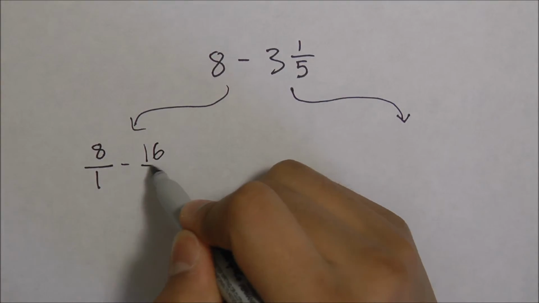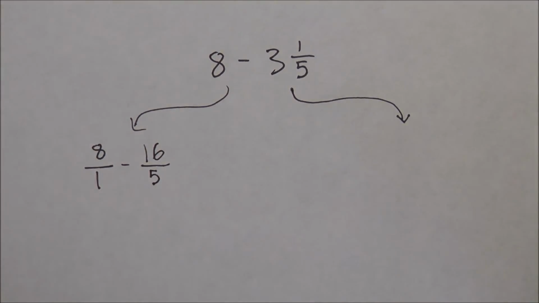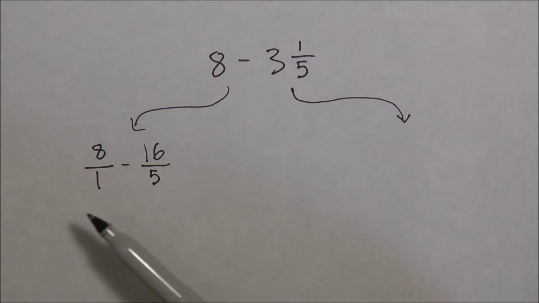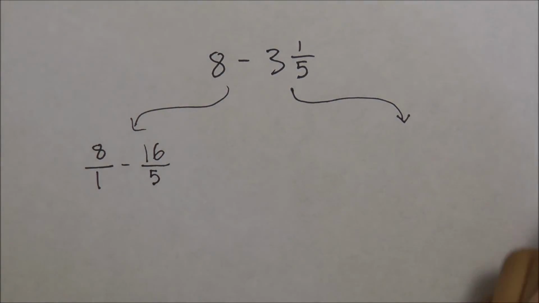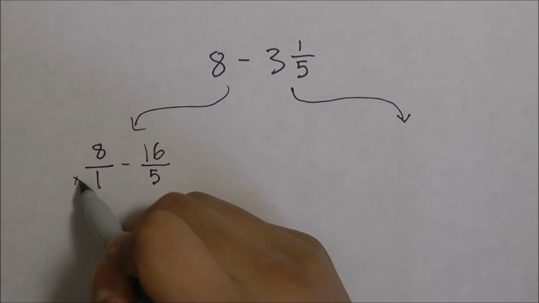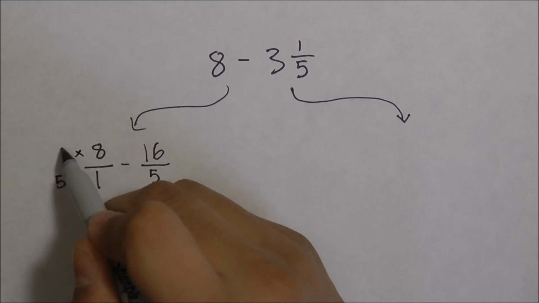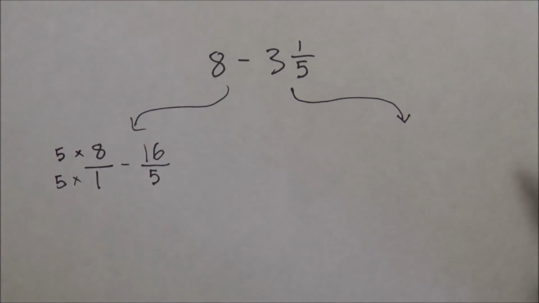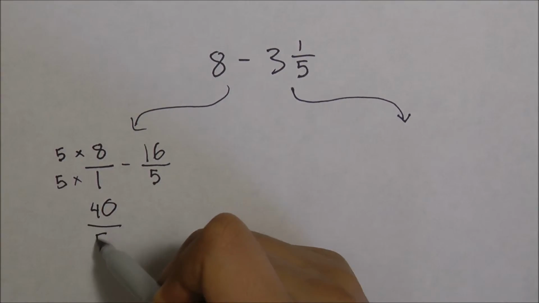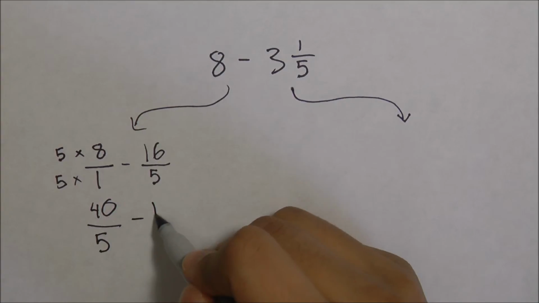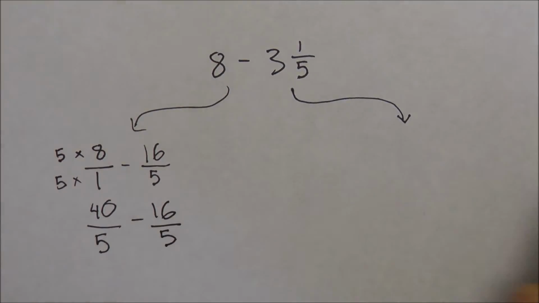So 16 over 5. So now we have to change this fraction, which is still equal to 8, into one that has a denominator of 5. So we have to multiply this by 5 and multiply this by 5. 8 times 5, as you all know, is 40 over 5. And this is still 16 over 5.